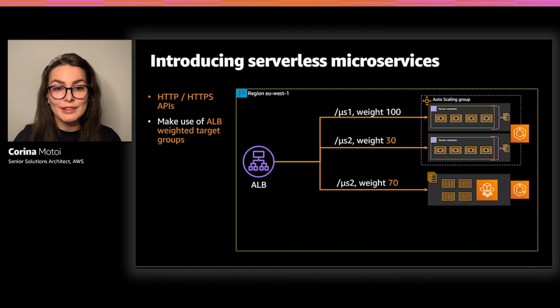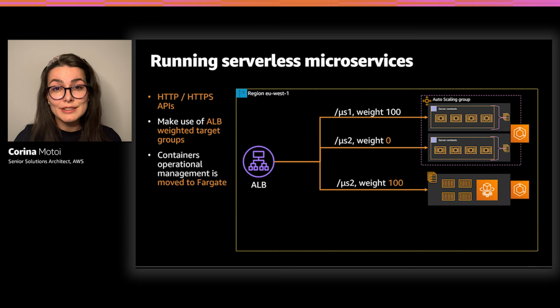And in the end, you can have 100% of the traffic destined for microservice 2 going to the newer version running on Fargate. And this way, Fargate takes over all the operational management of running containers. So you have a fully serverless microservice. And the best part of it is that this is done with zero downtime on your side.